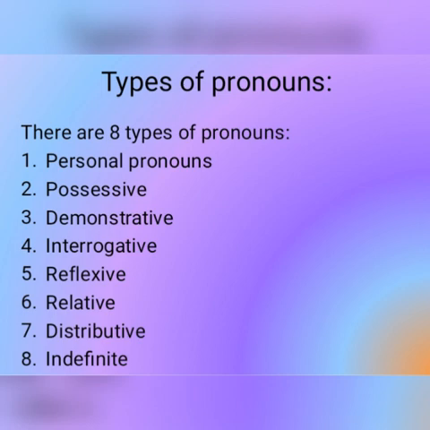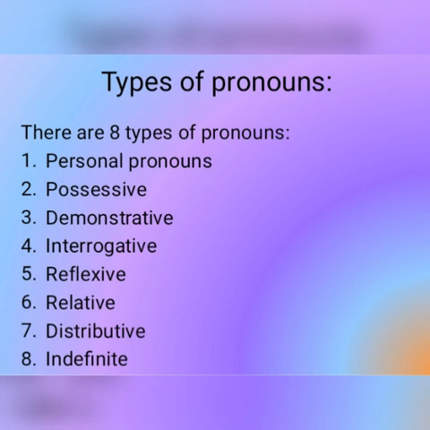Now let us know about the types of pronouns. There are 8 types of pronouns. First is your personal pronoun, which is further bifurcated into subjective and objective pronouns, which we will be discussing in the video. Second is your possessive pronouns. Third is demonstrative pronouns. Fourth is your interrogative pronouns.